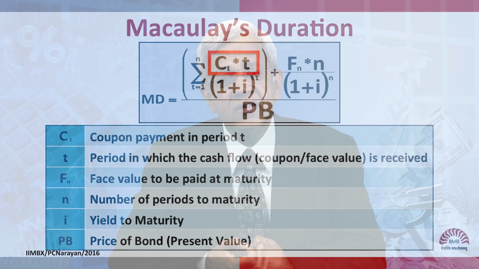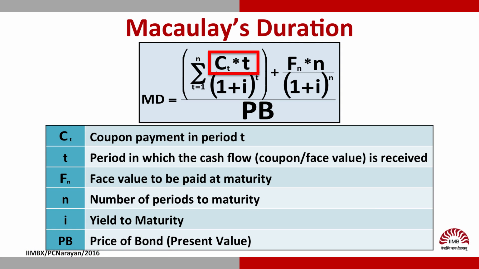If you examine this equation carefully, it is very similar to the bond price formula, except that Ct in the numerator is multiplied by the period term t, Fn is multiplied by the period term n, and the whole term is divided by the price of the bond. So it is derived from the bond pricing formula.